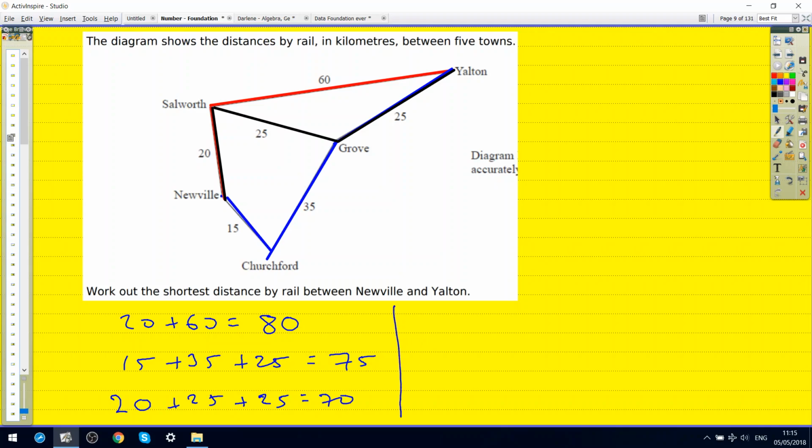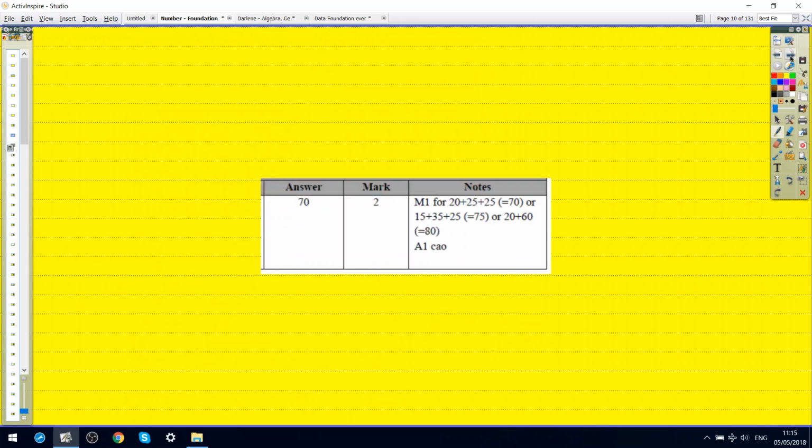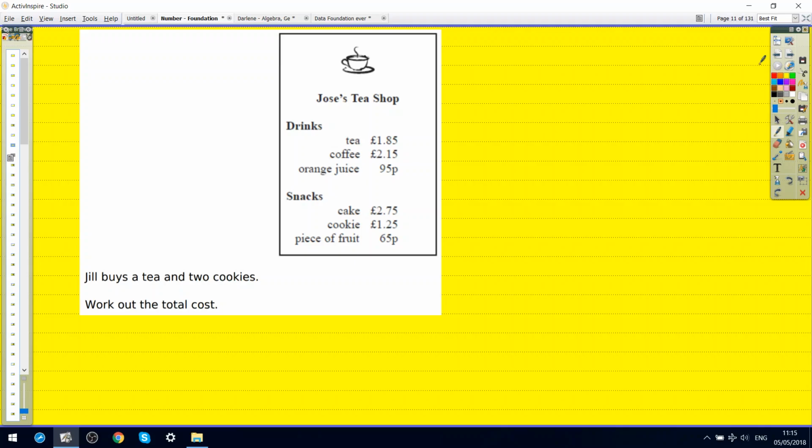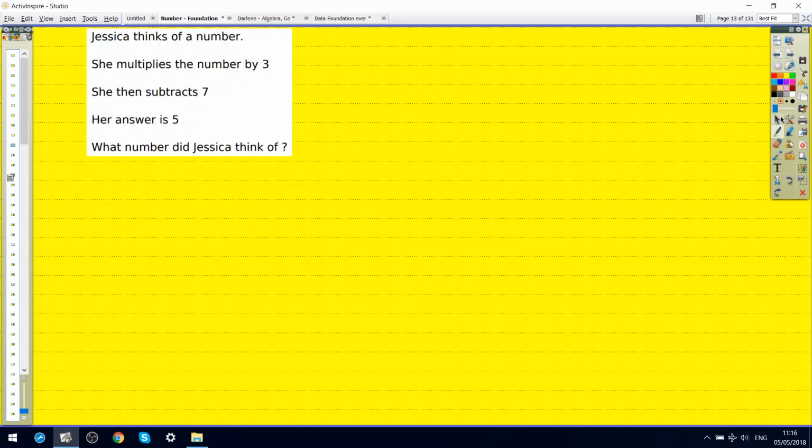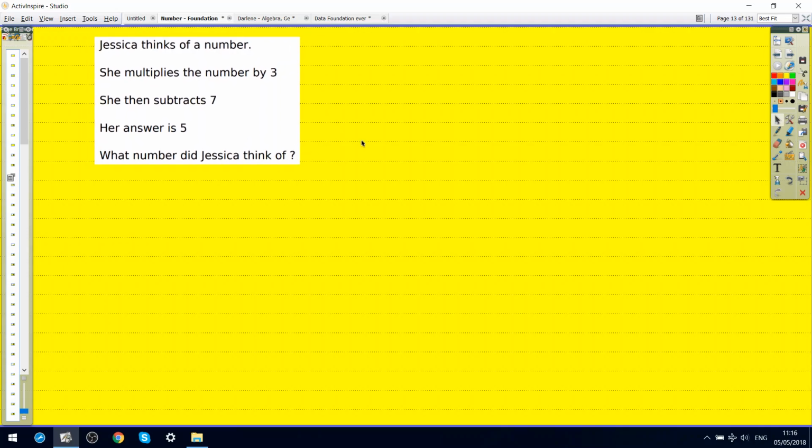And so shortest distance? Yeah, 70 kilometers. That's it. So you just have to find all the possible routes, all the possibilities. This one I think you'll be okay for. And so, okay, how do we do this?